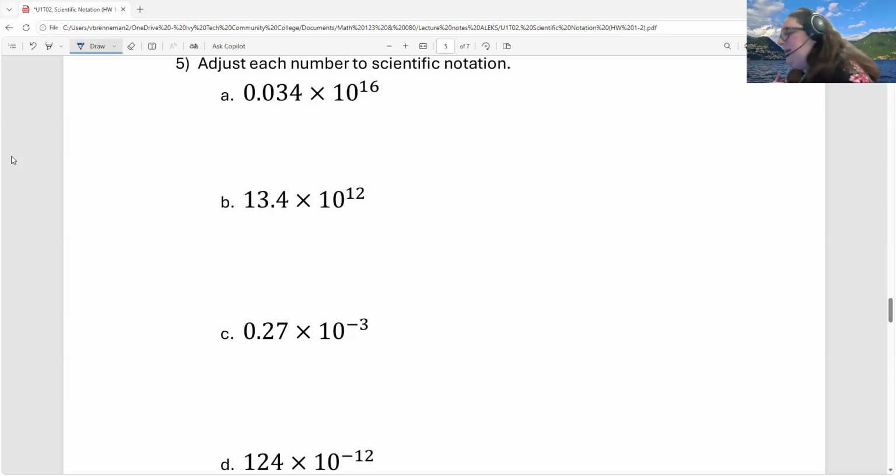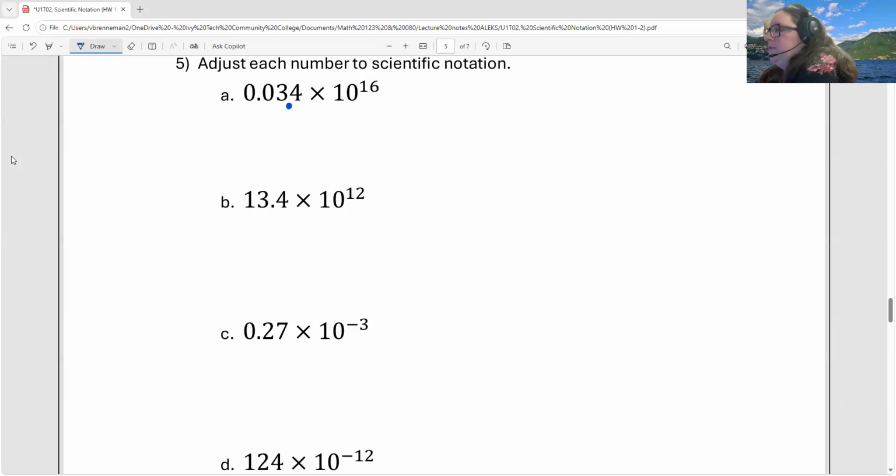But you have to be careful with negatives because in this case, too big would be not negative enough and too small would be not like too negative. So when we add and subtract with a negative, it has kind of an opposite effect. But starting with 0.034 times 10 to the 16th, we need that decimal point to be after the 3, so that's 2 places.